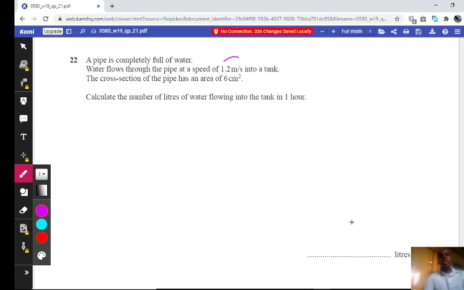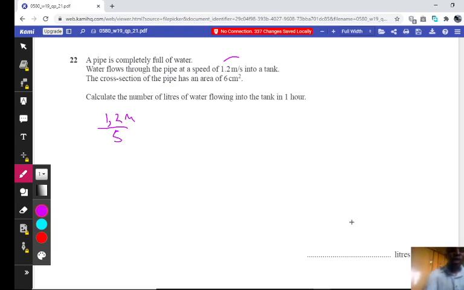Now it's 1.2 meters per second. That's the speed. What about if you convert to centimeters, or see how many centimeters per hour? So 1.2 meters per second, which means 1.2 meters over 1 second, and you want it per hour.